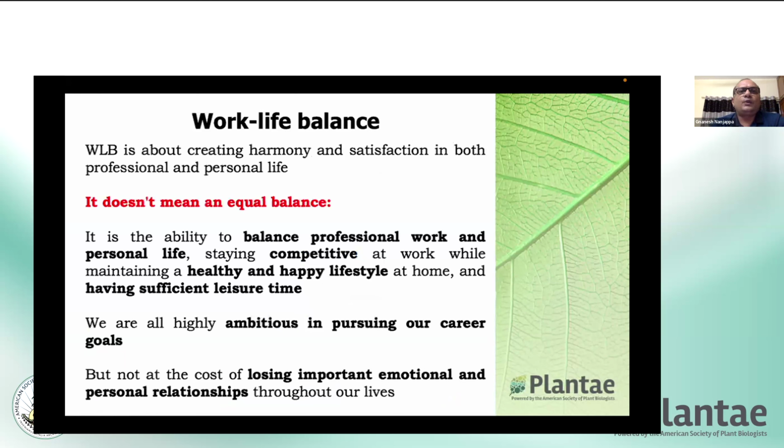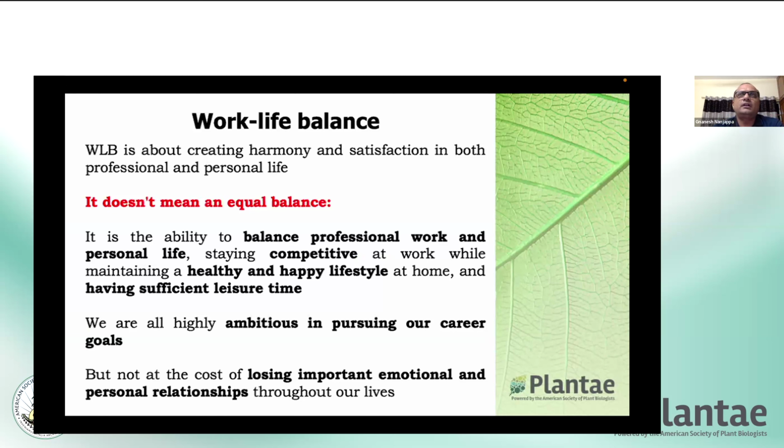So, all are wondering what is work-life balance, because in different professions, work-life balance is entirely different. If you take work-life balance in scientists, it's entirely different, and you should not always be productive. Work-life balance is about creating harmony and satisfaction in both professional and personal life.